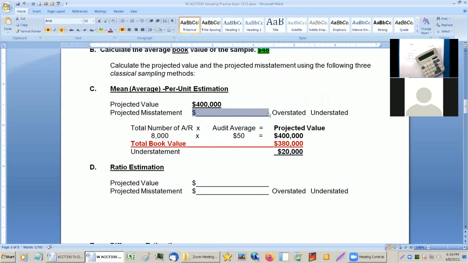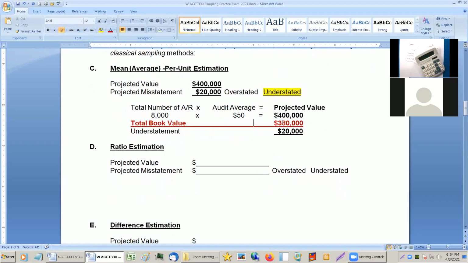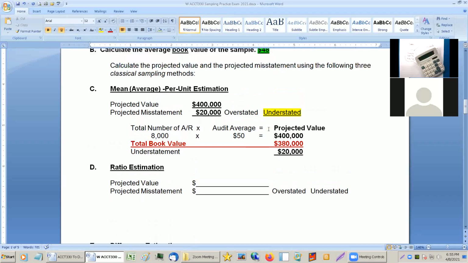It's an understatement because we're saying that they should be 400,000. Their book value is 380,000. We're saying it should be 20,000 more. So they have understated $20,000 on their books.